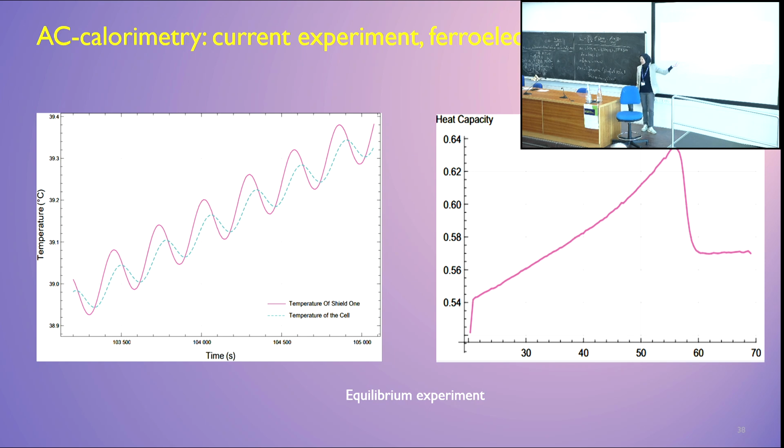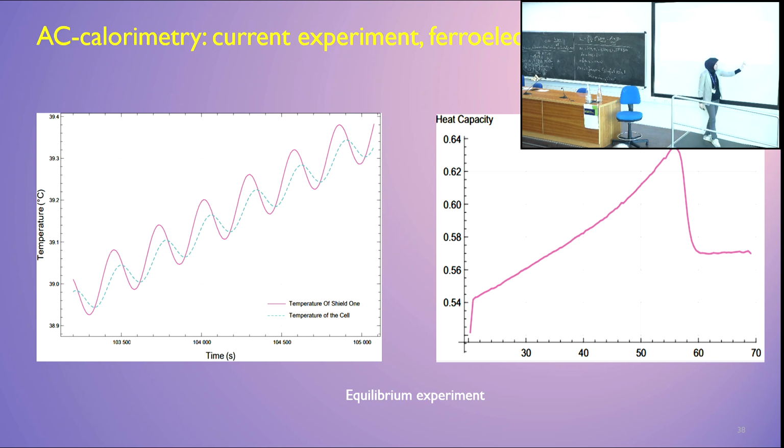Imagine every round of the experiment goes for 1 week. The temperature starts from 20 to 70 degrees Celsius in 1 week, so this is a very, very small slope. And then we look at the heat capacity. This is the heat capacity that I plotted.